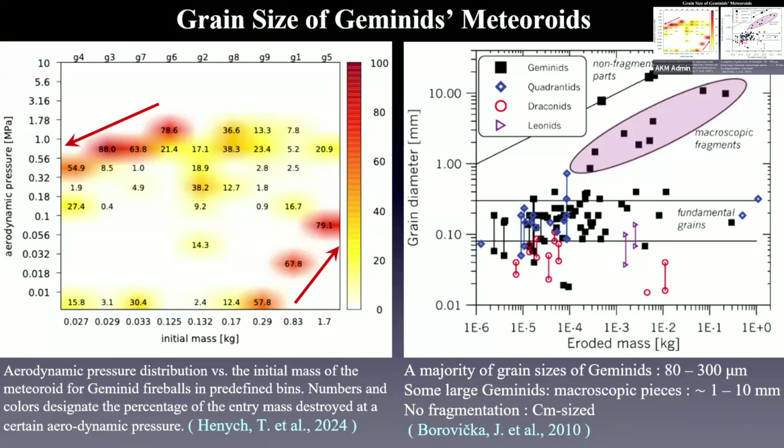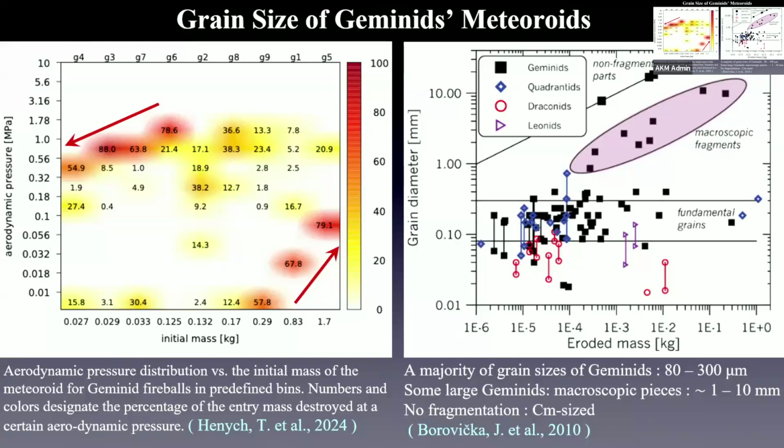If you see here, for the G4 fireball, about 84% of the mass was destroyed at a pressure of 0.56. You can see this trend here, and also a larger mass trend here. So we can investigate whether probably smaller grains are weaker or more fragile.